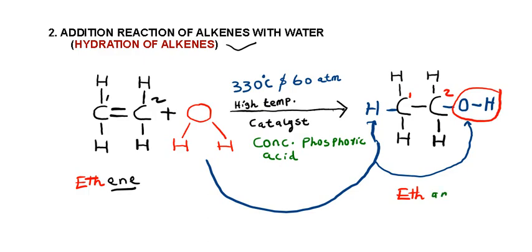Now, look at this functional group. Because this functional group here belongs to alcohol, what we do is take OL from alcohol and replace this E with OL. So which is called what? Ethanol. So here now becomes ethanol.